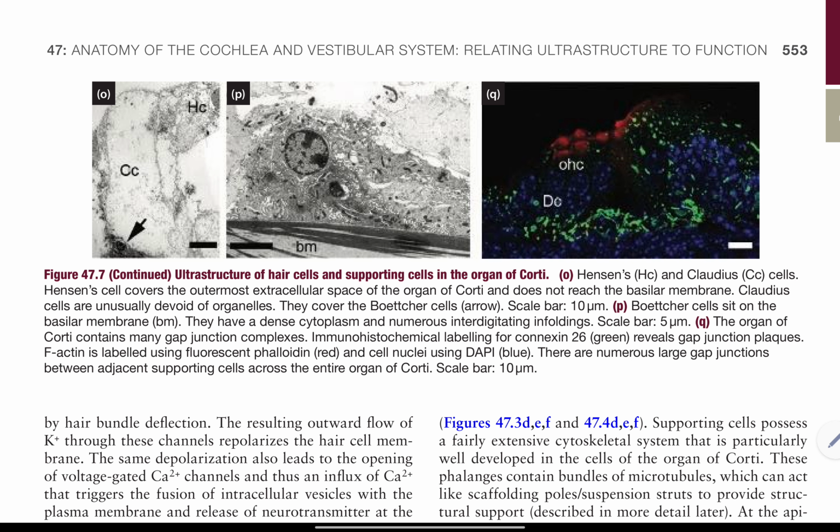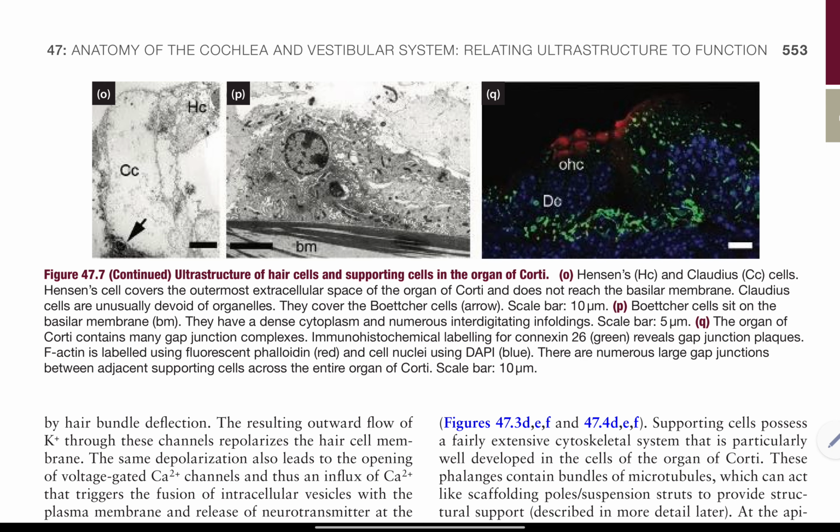Claudius cells are unusually devoid of organelles. They cover the Boettcher cells. Scale bar 10 mm. The Boettcher cells sit on the basilar membrane, BM. They have a dense cytoplasm and numerous interdigitating infoldings. Scale bar 5 mm.